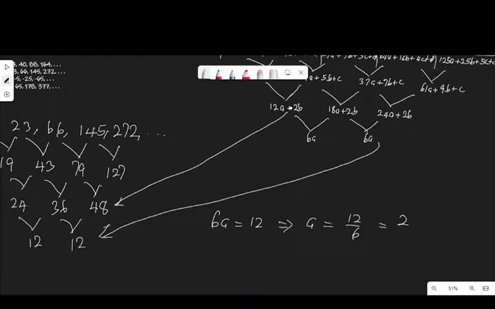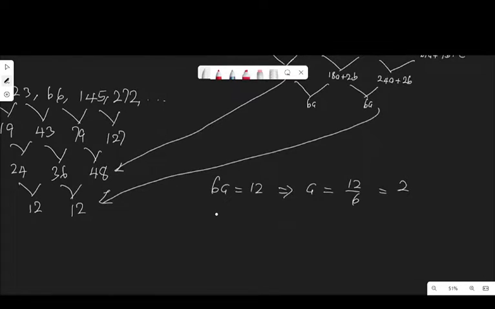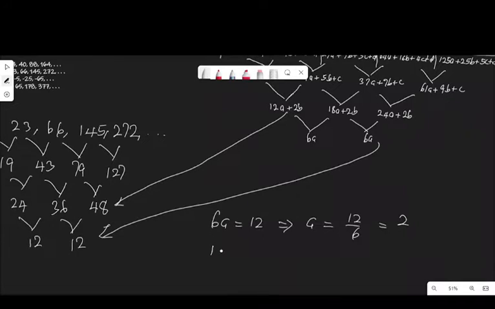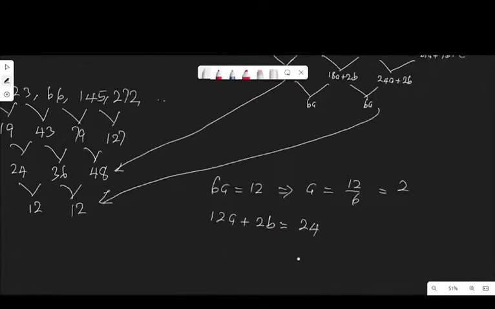Let's equate the first term from the row, that is 12a plus 2b equal to 24. And a is 2.